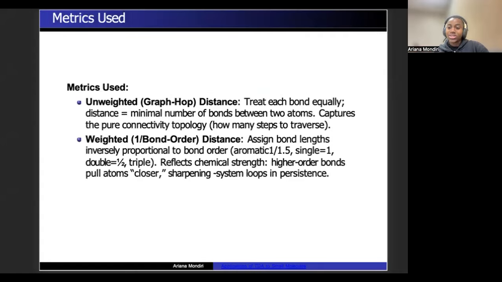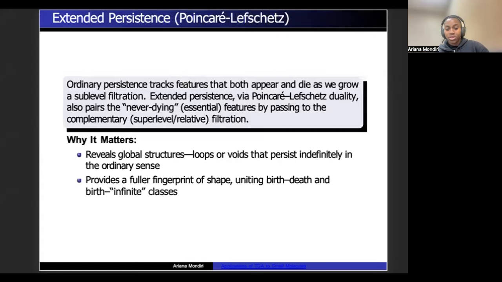We have an unweighted distance where we treat every bond equally. That way we are able to capture the pure connectivity topology. This is as opposed to a weighted distance, where we try to reflect the chemical strengths of the bonds. We also make use of the extended persistence as opposed to the ordinary persistence. That way we have a fuller fingerprint of the shapes of the molecules.